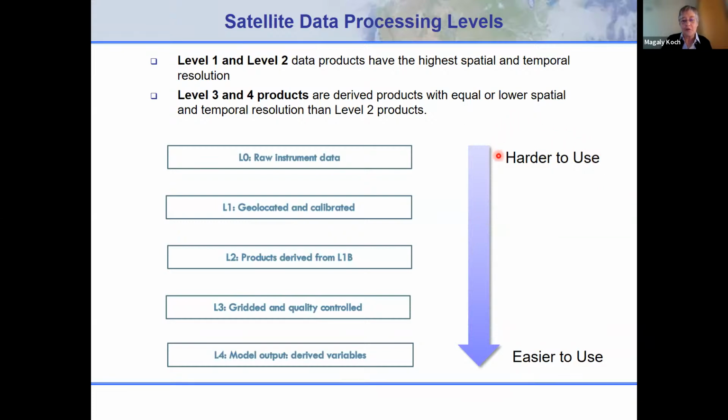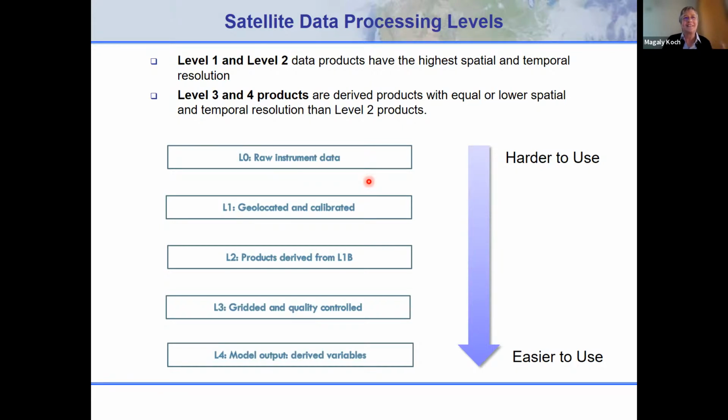For the non-expert, it's much harder to use level 1 or level 2 products, and actually level 0 is not even publicly available. That's for engineers that are interested in signal processing.